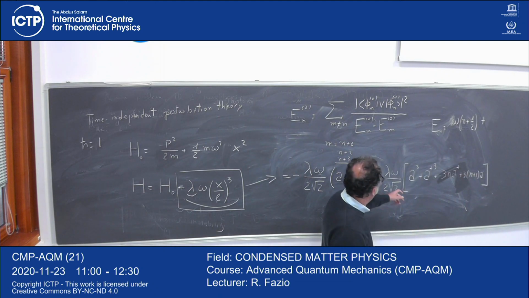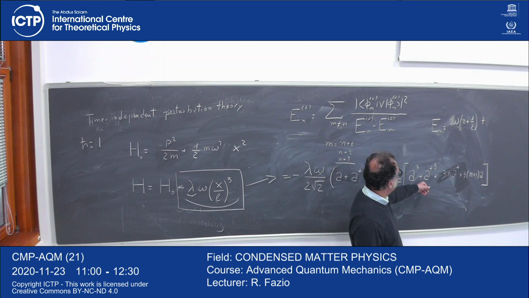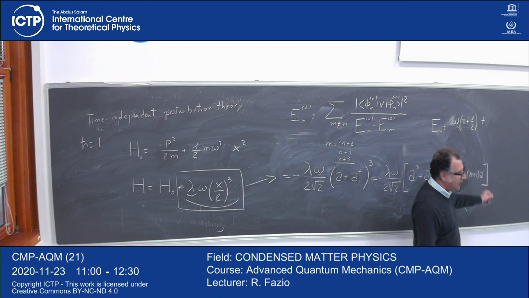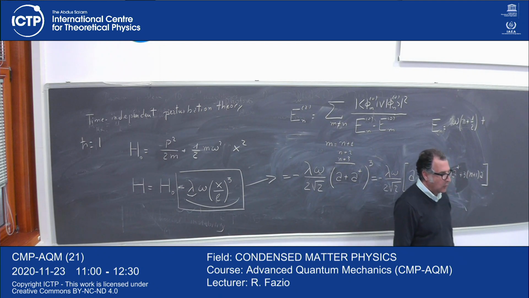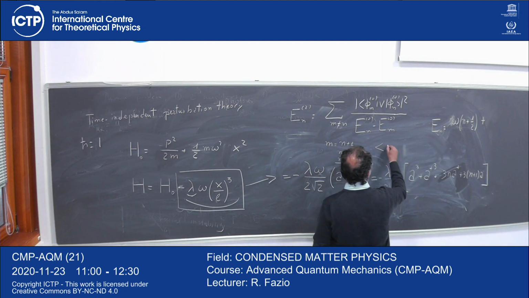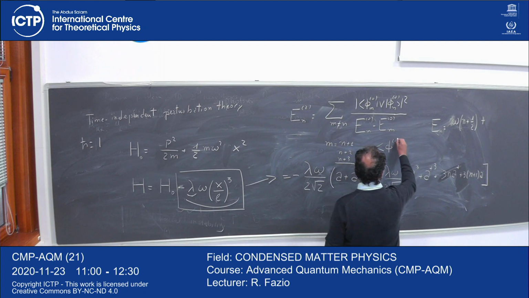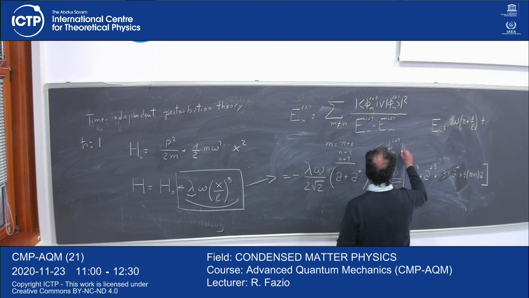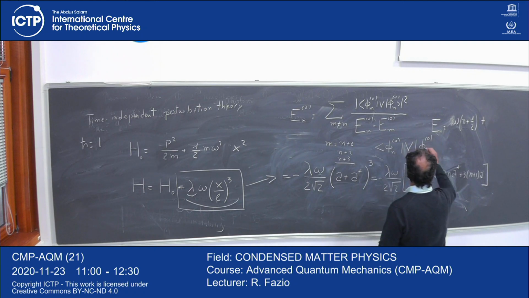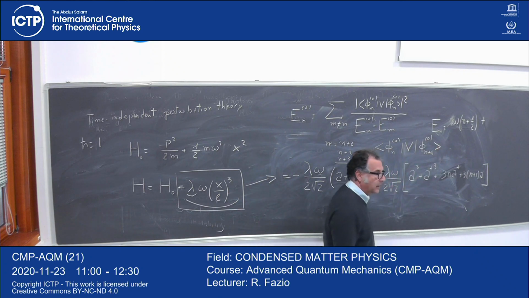So this is the perturbation. There is a cube, a dagger cube, and a dagger and n a. So the matrix element between phi 0 of n and phi 0 of n plus 4 is different from 0 or is equal to 0?